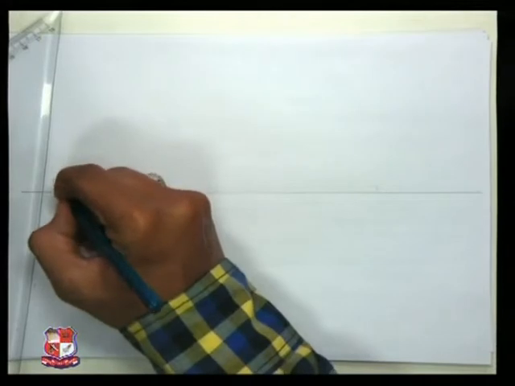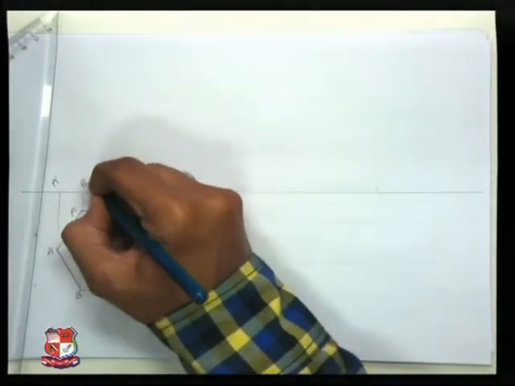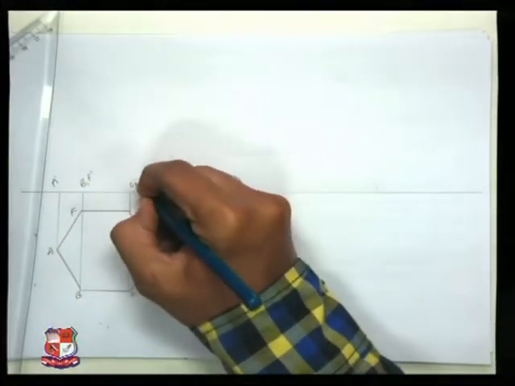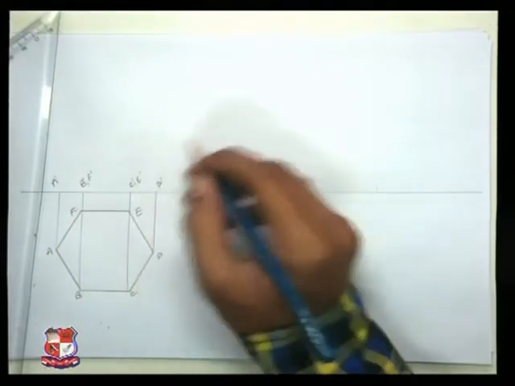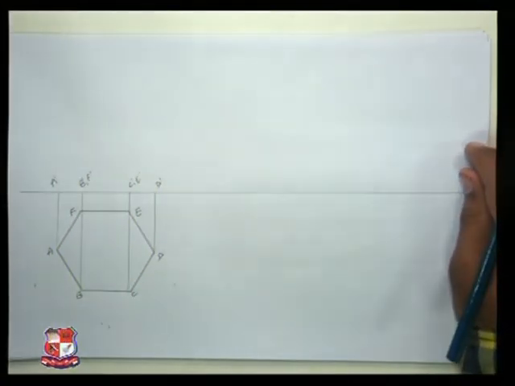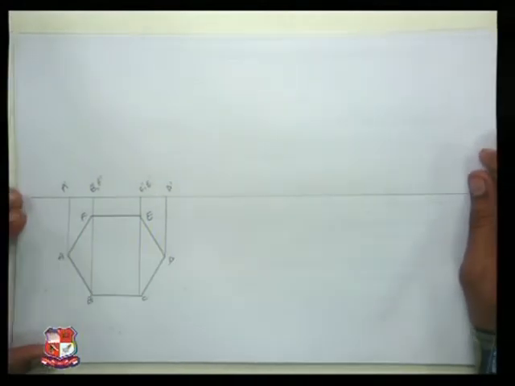Name it a dash, b dash, f dash, c dash, e dash and d dash. So this is how you can draw a hexagonal plane.